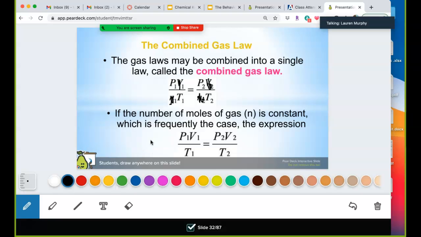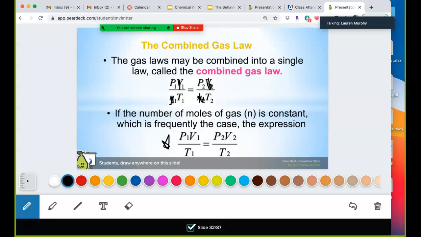So down here is the combined gas law with just the moles not present. A lot of the time, like the majority of the time, to be honest, the moles are considered constant. So this is just a simplified version of the combined gas law, just without N in it. Remember, N stands for moles.